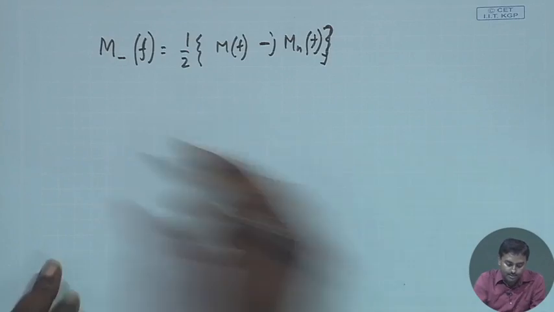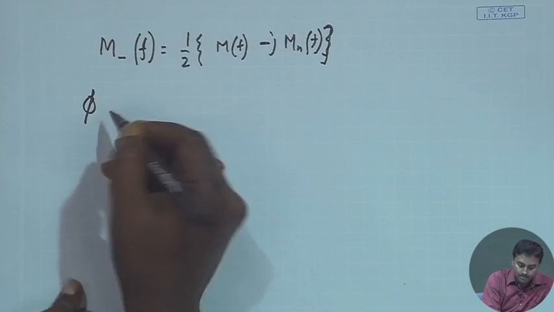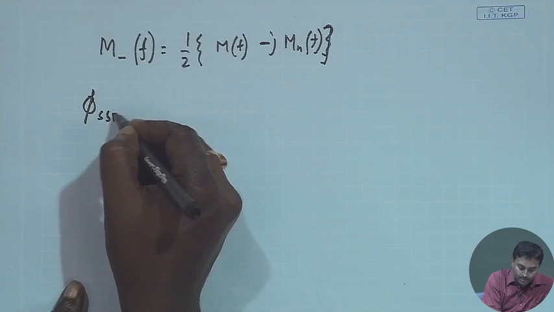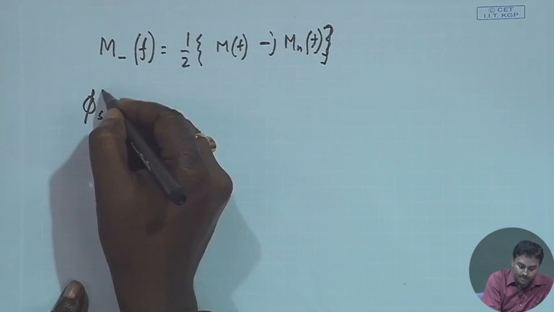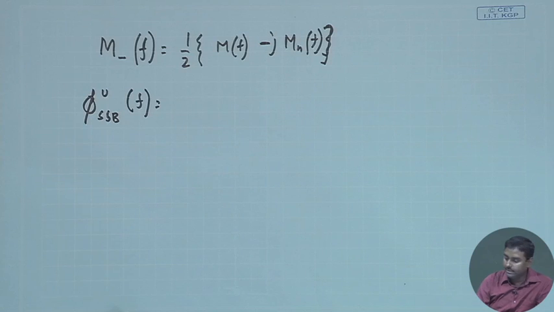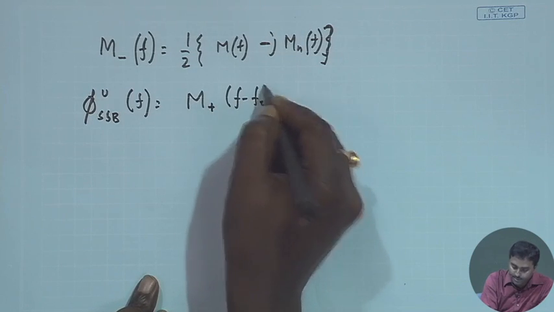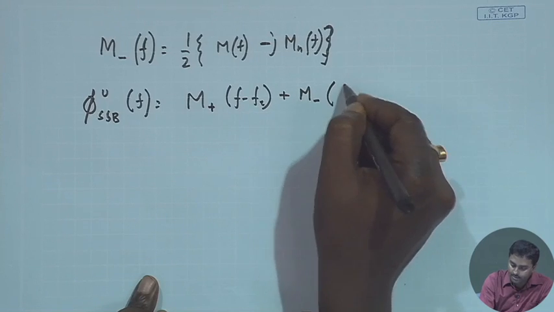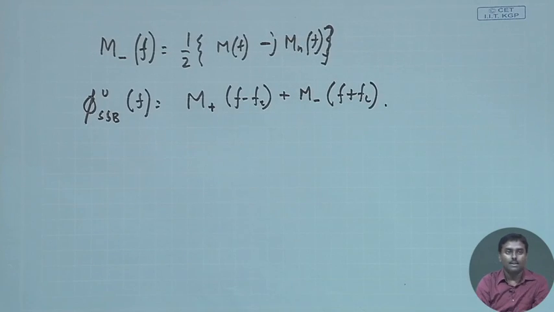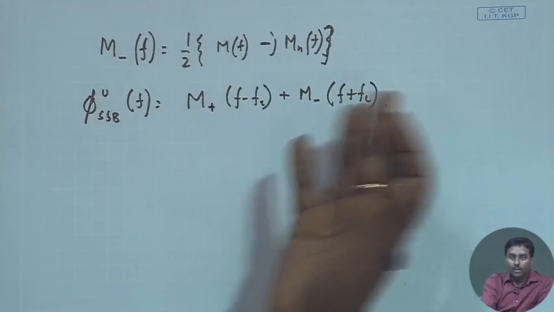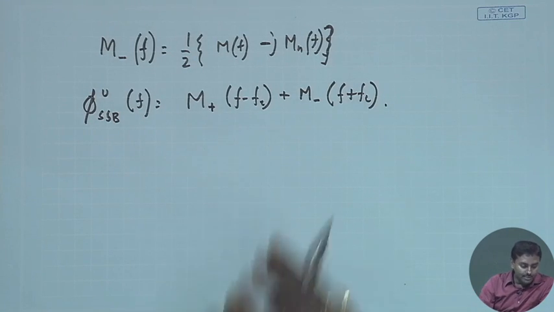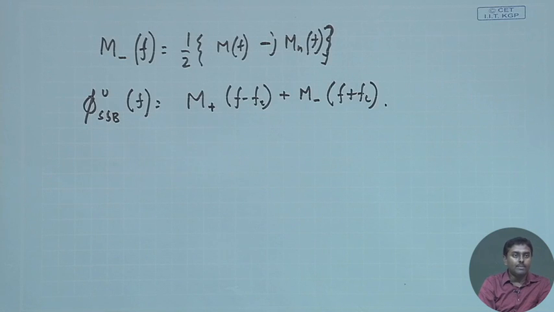Therefore, I can write phi, suppose SSB for the upper sideband. So, U(f), this must be equal to M plus (f minus fc) plus M minus (f plus fc), right. This is the representation. If it has to be a lower one, accordingly we will have to do that. Okay. So, this is pretty much clear how I can represent my upper sideband SSB modulated signal, right.